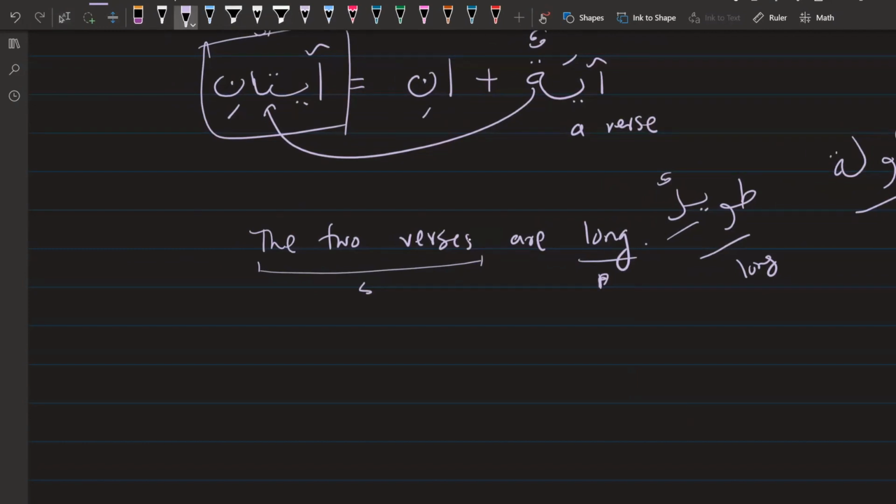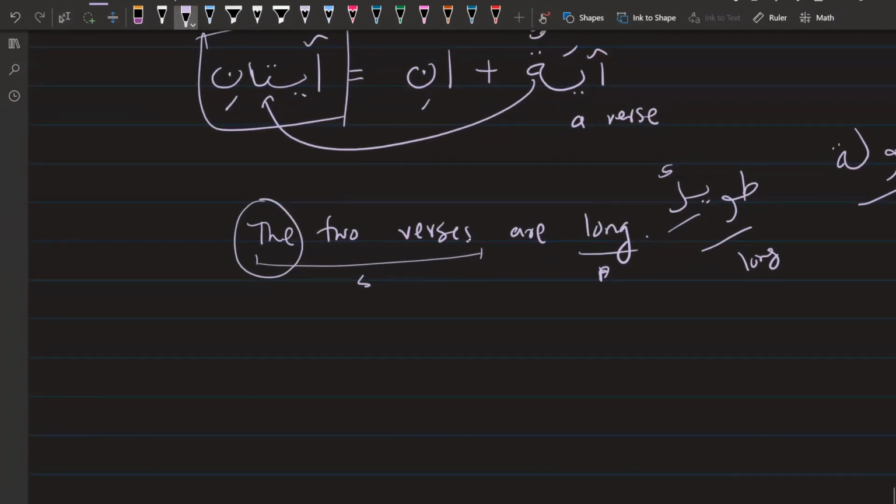Well, if we just translate, we have alif lam, al-ayatani, something that we know, right? Al-ayatani, yes, excellent. Now remember, when we were dealing with the singular in the beginning with the tanween, we had to consider a few things, right?